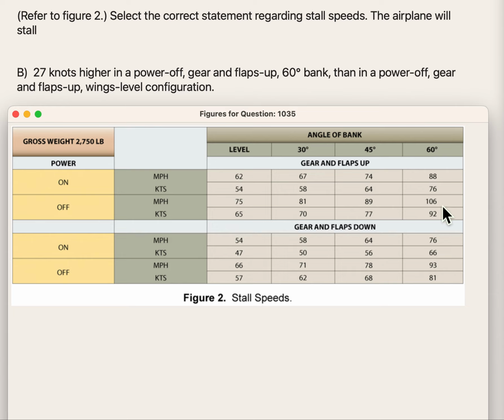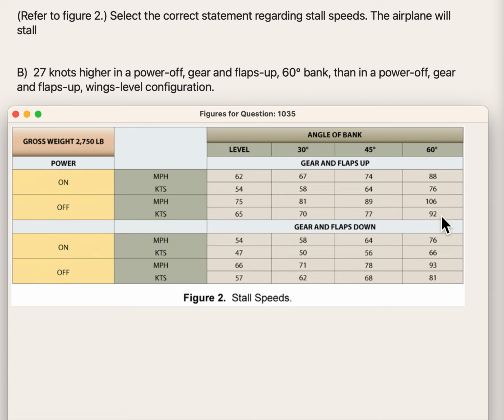Power off, and they're giving us knots, so 92. So power off, gear and flaps up, that's 92.